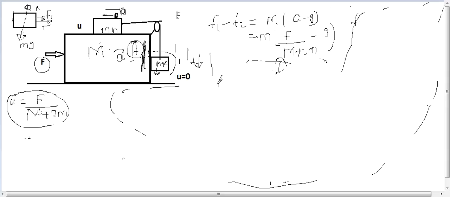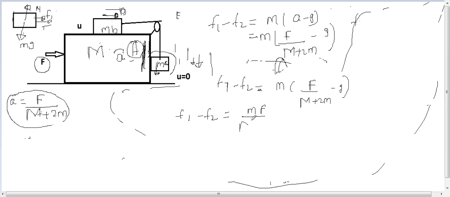So we have f1 minus f2, this should be equal to m f divided by m plus 2m minus g. So f1 minus f2 is equal to mf plus mg.